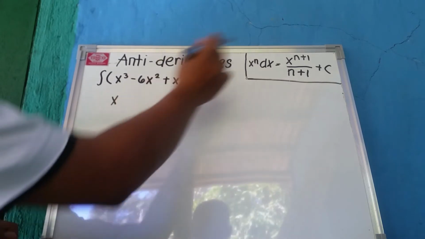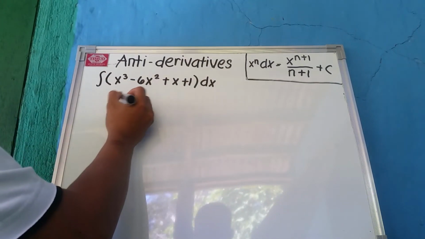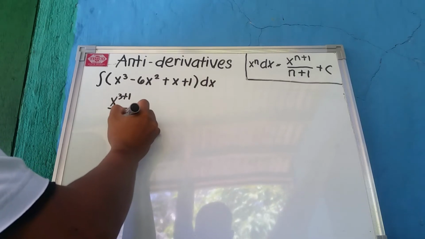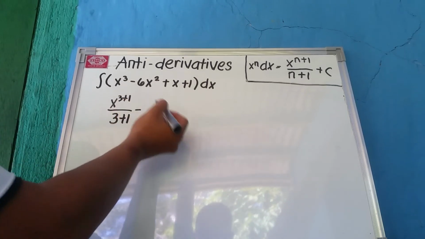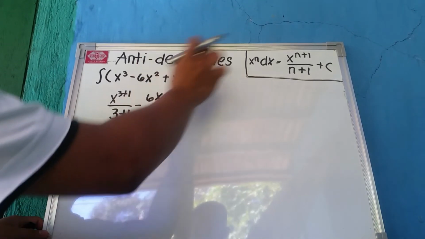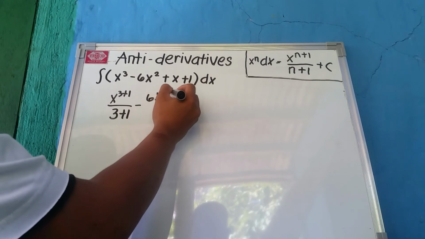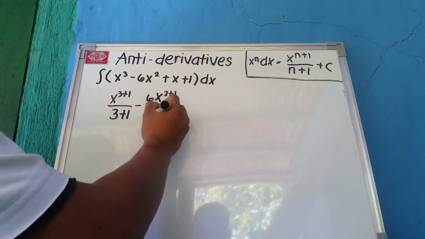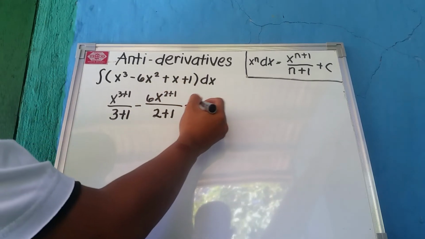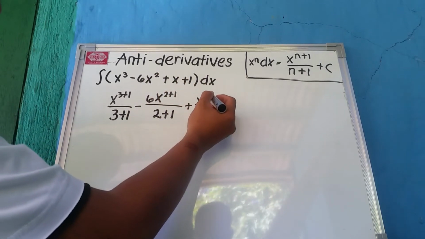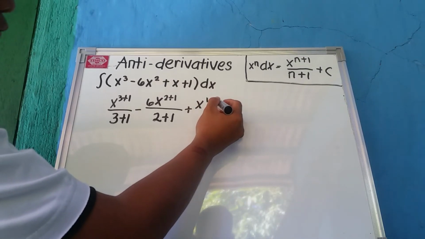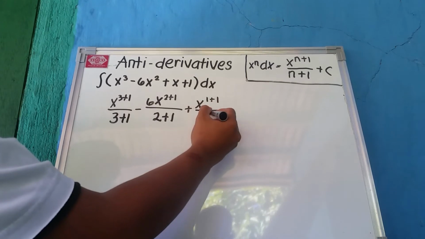Copy x, n is 3 plus 1, that is over 3 plus 1, minus 6x. 2 is n plus 1 over 2 plus 1. x implies an exponent, which is 1, and that is understandable, plus 1 over 1 plus 1.